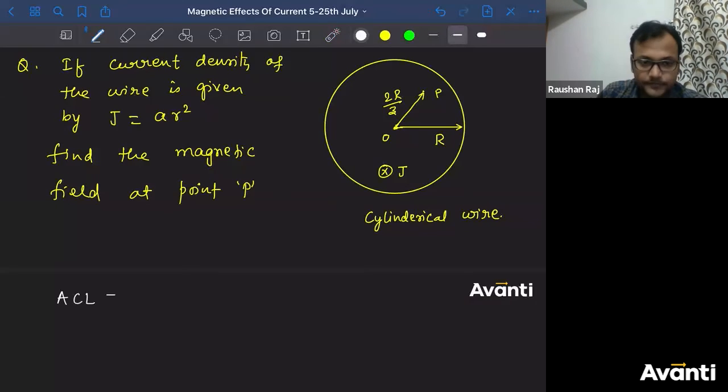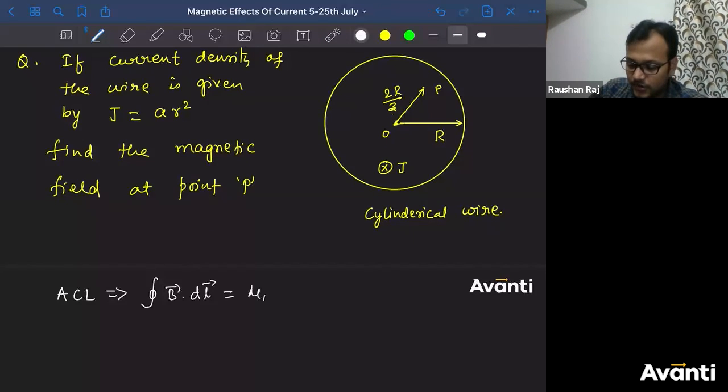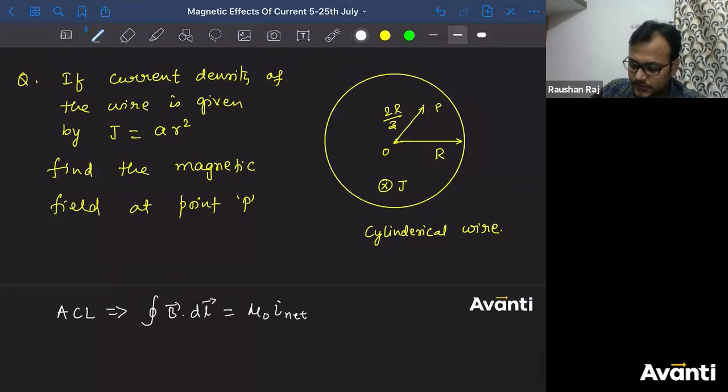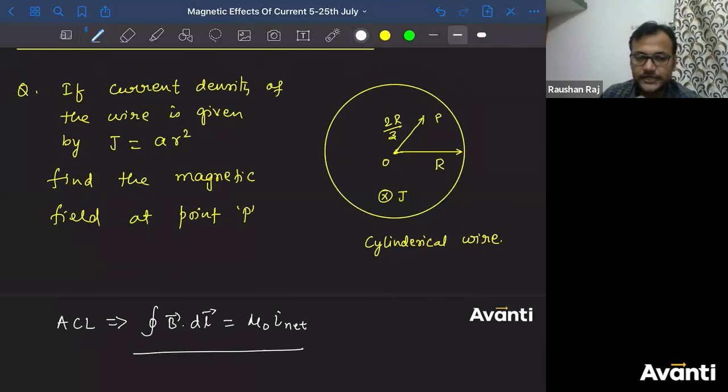Line integral of B dot dL will be equal to mu naught into net current crossing that loop. So this is the formula that you have to use to get the answer.